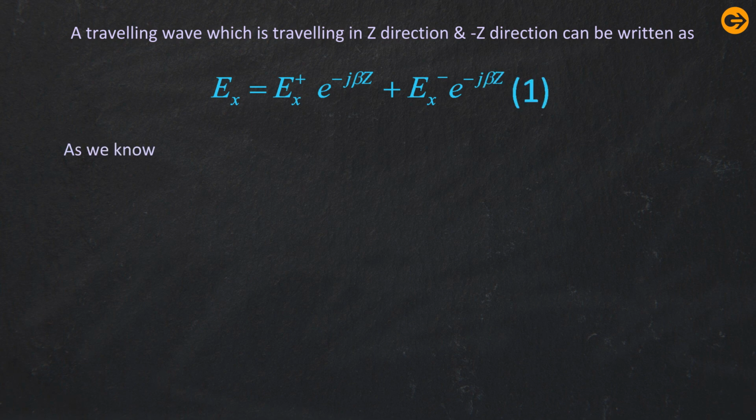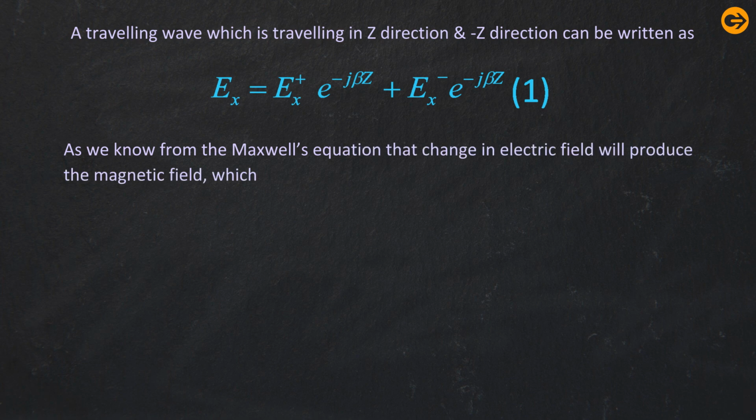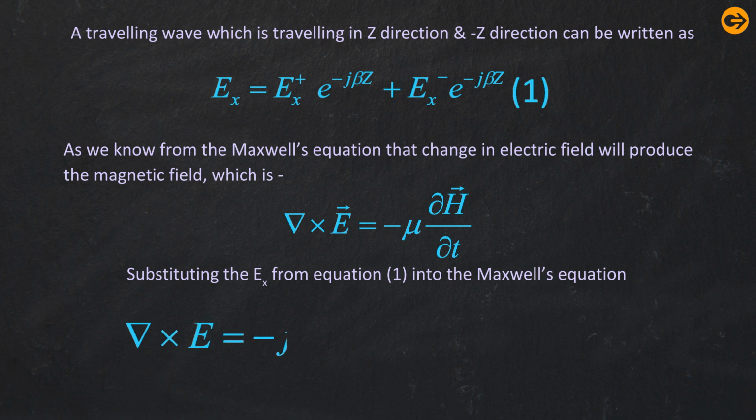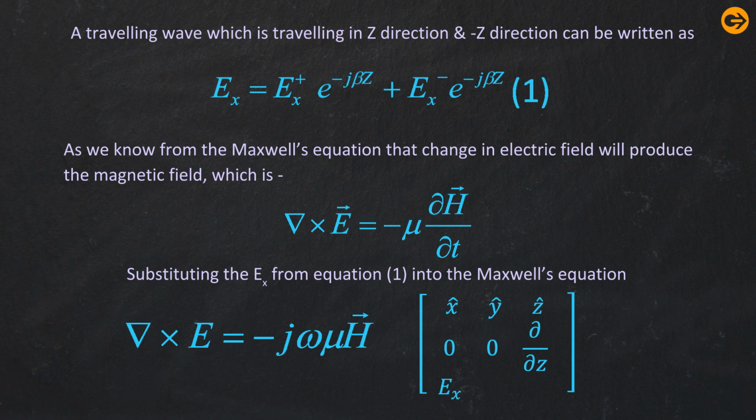As we know from Maxwell's equation, a change in electric field will produce the magnetic field, which is curl E vector is equal to minus mu del by del t of H vector. Substituting the Ex from equation 1 into Maxwell's equation, curl E is equal to minus j omega mu H vector, which in matrix form we get x hat, y hat, z hat, 0, 0, del z, Ex, 0, 0 is equal to minus j omega mu H vector.